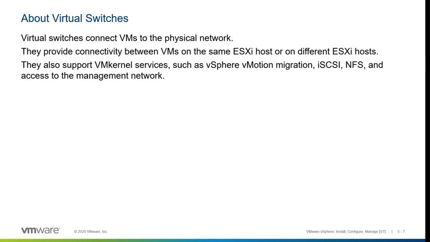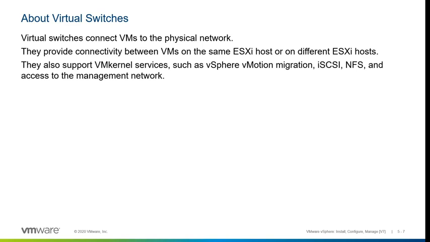Well, they provide connectivity between your virtual machines and the physical network, virtual machines and other virtual machines on the same ESXi host or on another ESXi host, and they provide connectivity between your ESXi hosts through what we call VM kernel services.